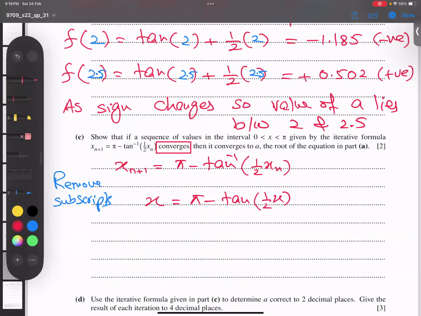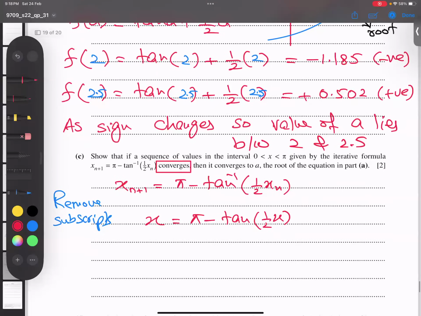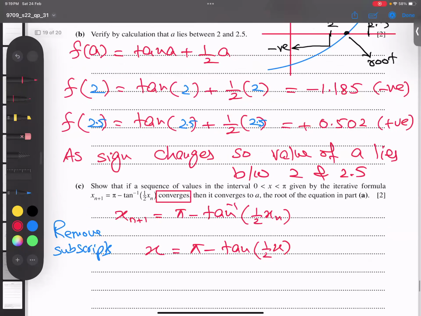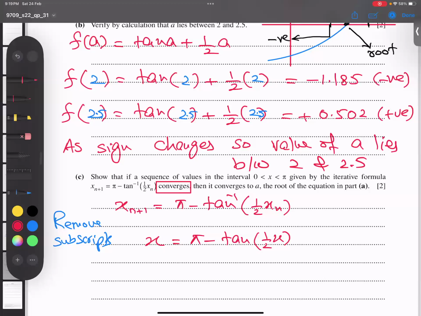Then what? Let me check again. Wait a minute. It says tan inverse. Oh, sorry, I missed the inverse. That is why I'm getting the issue. So alhamdulillah, the inverse is there.